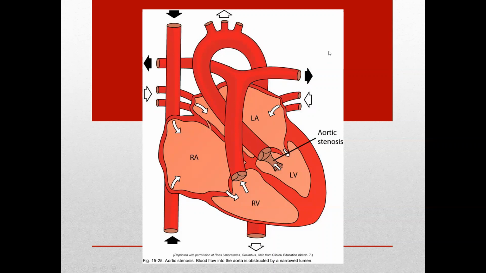Now we have so much blood in the pulmonary vessels that it causes high pressures in the pulmonary vessels. And it doesn't show the ductus arteriosus on this. That's interesting. I guess we have to use our drawing tool.